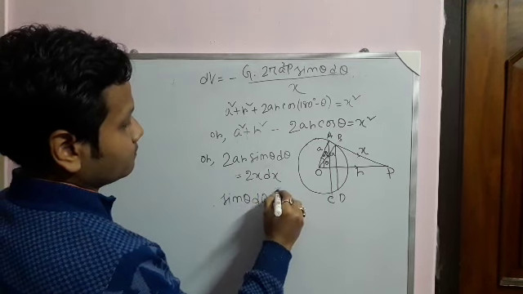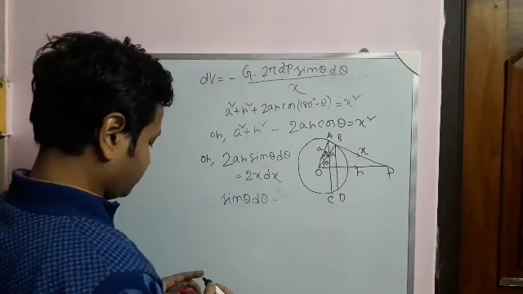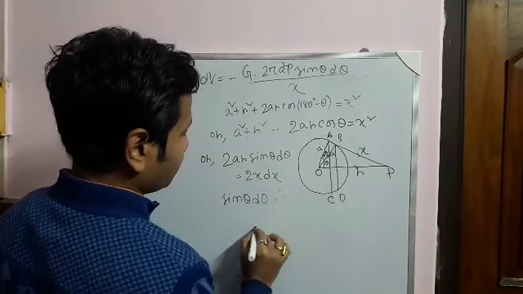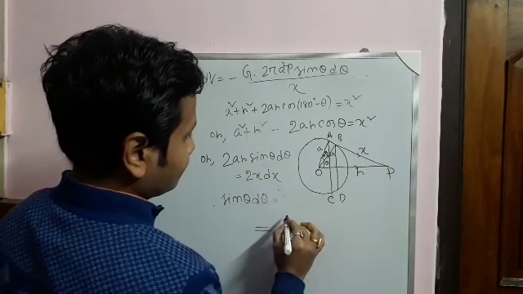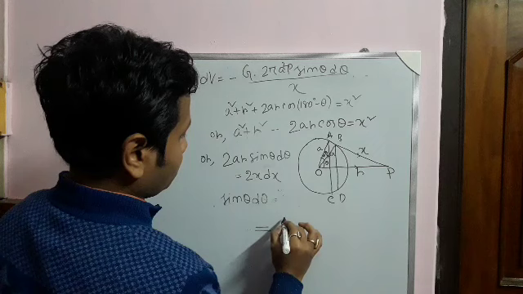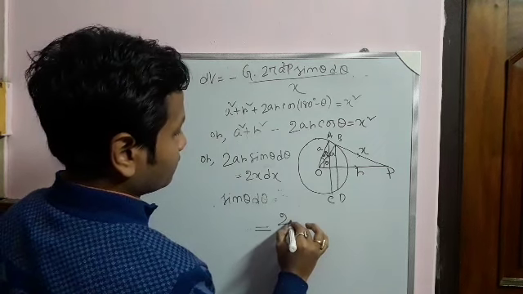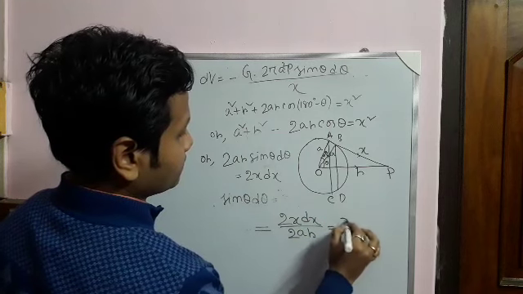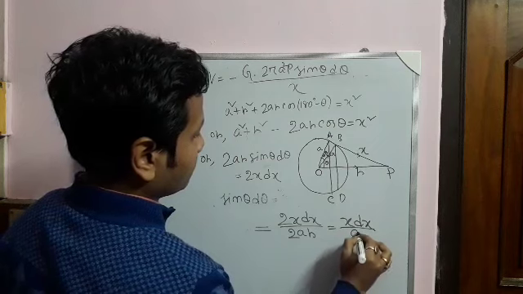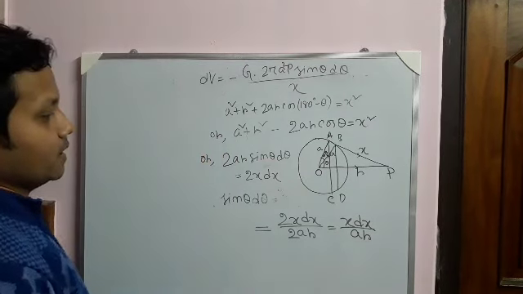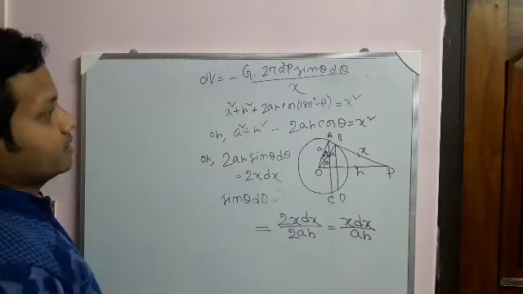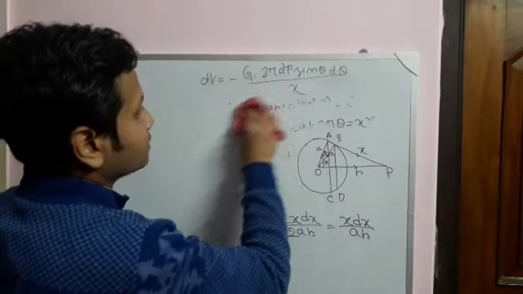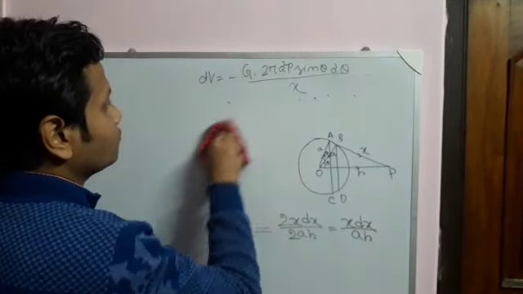My sin theta d theta will be simply 2x dx by 2AR, so that means x into dx by AR. So this is simply sin theta d theta. Now if we substitute this value in that equation, what do we get?